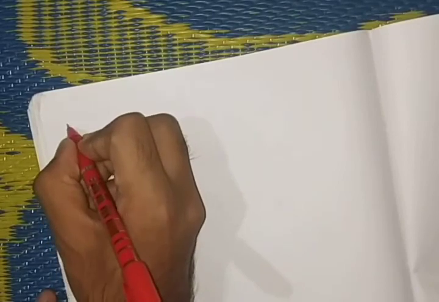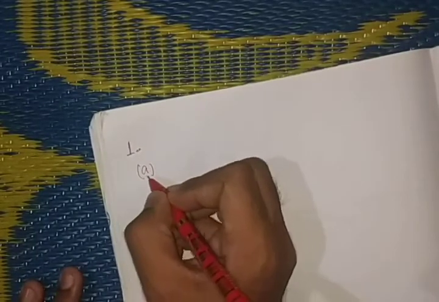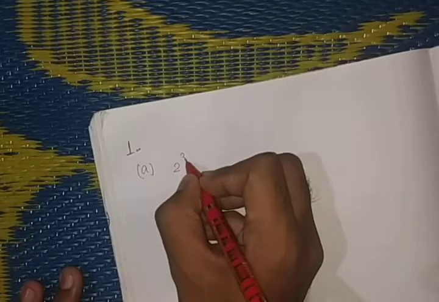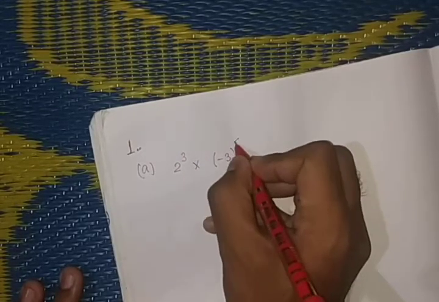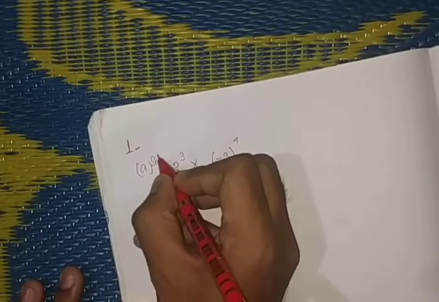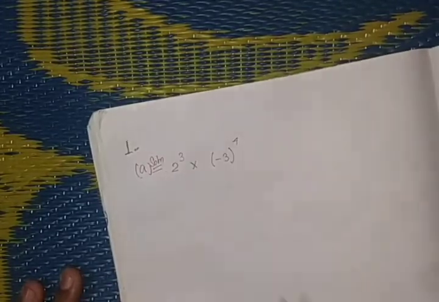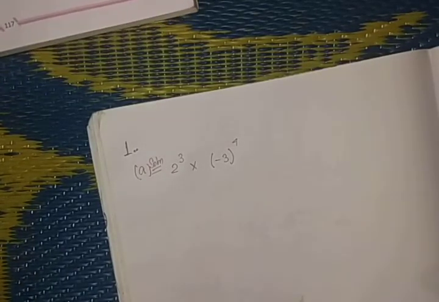Question number 1 says: find the value of each of the following. Question A is given: 2 cube multiplied by minus 3 to the power 4. For the solution, we need to find the value in a simplified way.